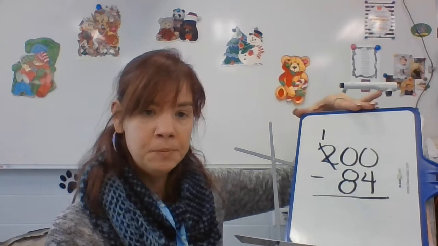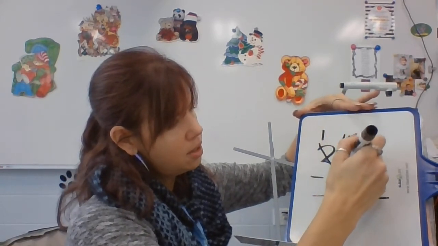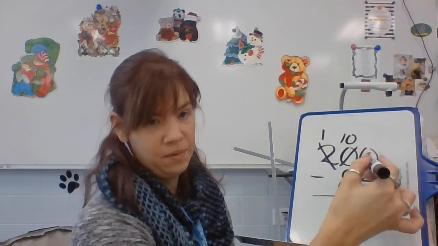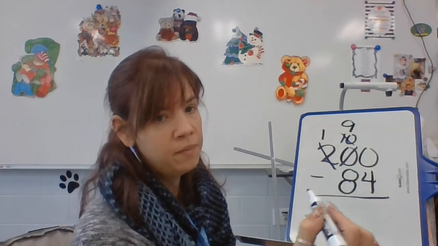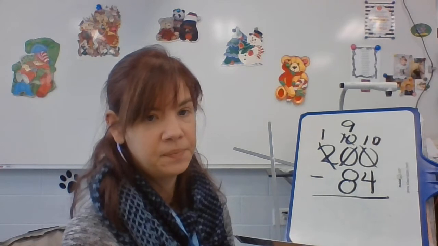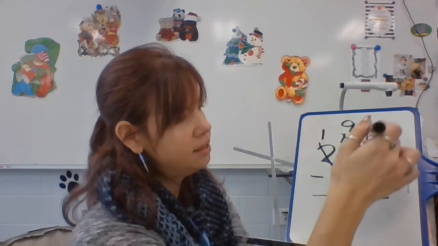I'm going to borrow, and the one I borrowed comes next door and becomes a 10. And now we can borrow again or regroup and take 1 from there, and now this becomes a 10. And again, everything now on the top is bigger, so we can subtract.